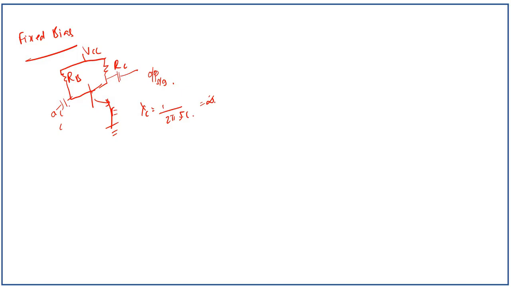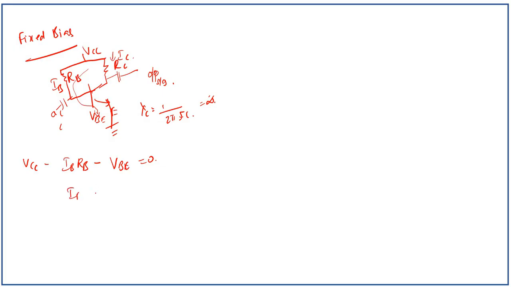When we write the KVL for the input side, here the current is IB, here the current is IC. KVL for input side will be like this: VCC minus IB RB minus VBE, base emitter voltage here, equal to 0.